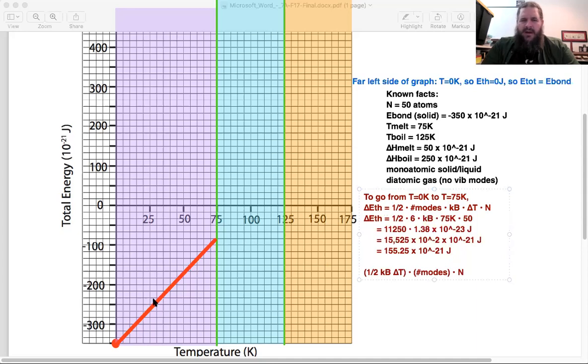So we can just go up 155 from the original negative 350 in terms of energy. So we start at negative 350, we go up 155, negative 350 plus 155 would be, so negative 145. 145 is going to be something like that.